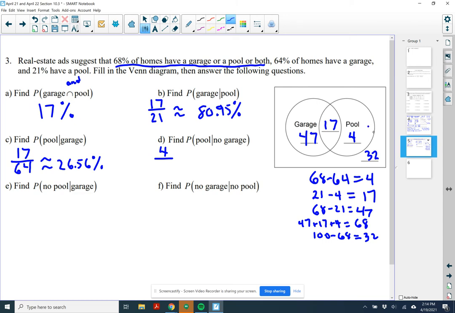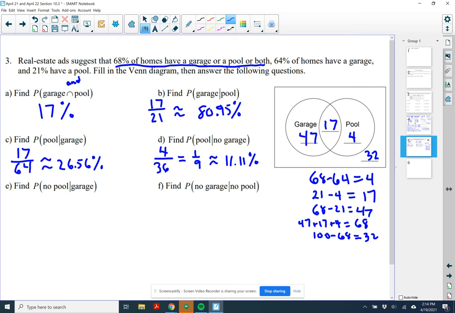That's 36. That's the 4 here plus the 32 here. That's 36. That, if I reduce the fraction, is 1/9. If I need a percent, I divide 1 by 9, and 1 divided by 9 is a repeating 1. So that would be 11.11%.